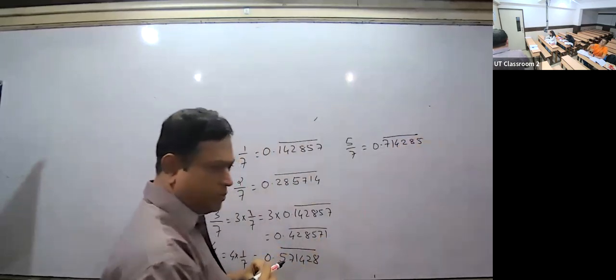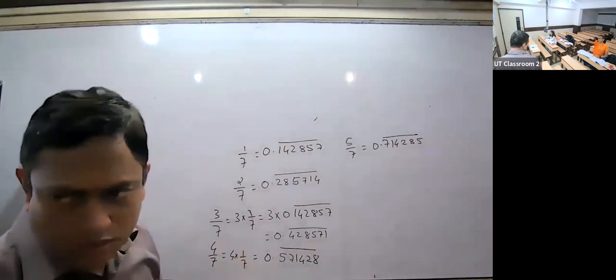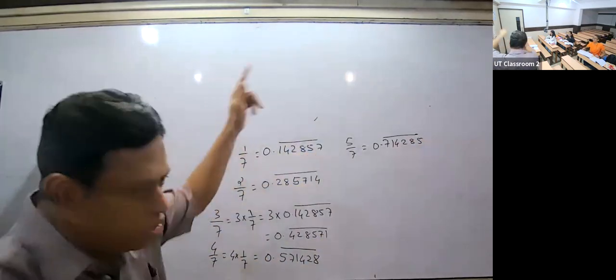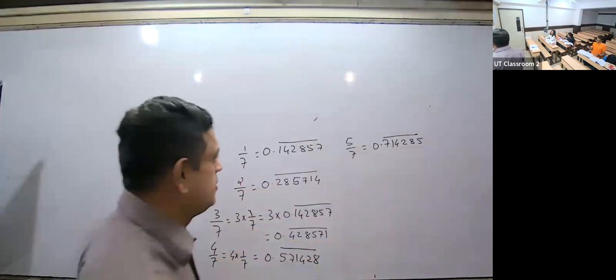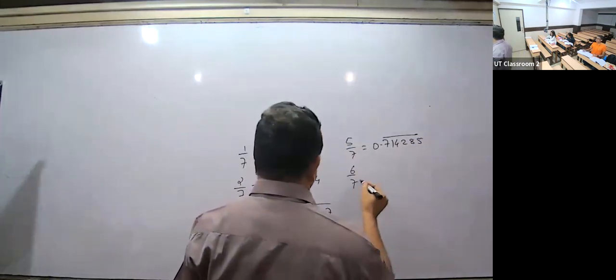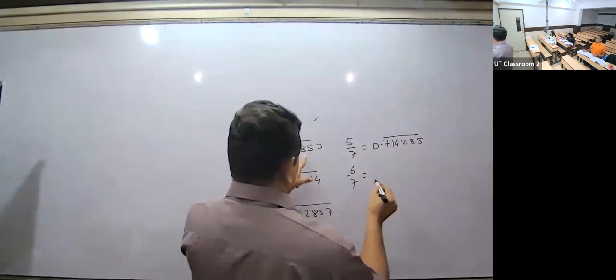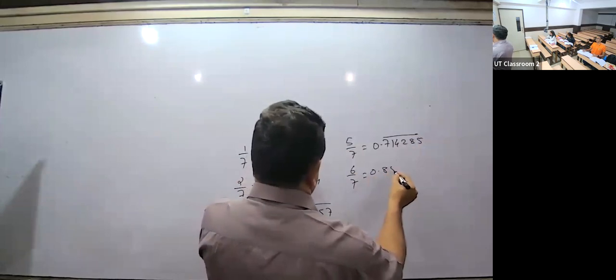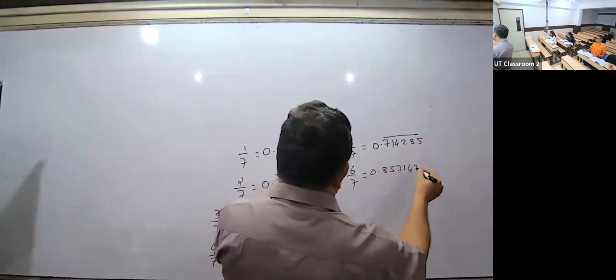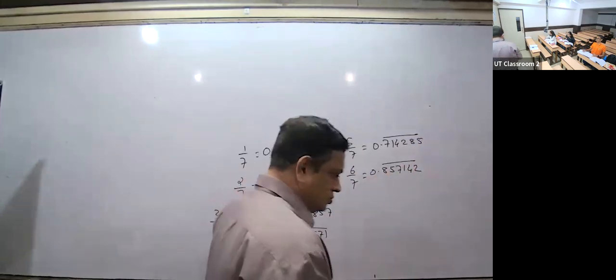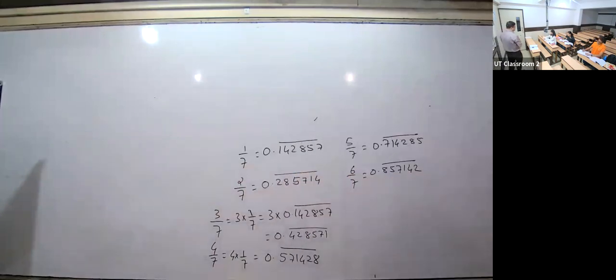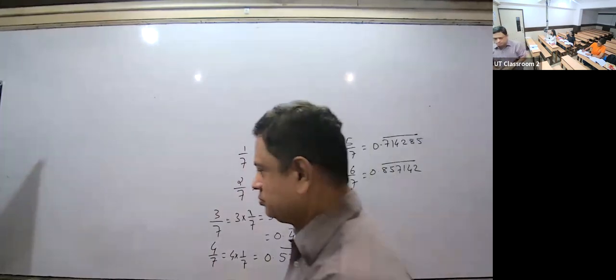Hope you are getting it? Yes, sir. We just take the digits and it is rotating. Rotation is going on. 6 by 7 is 8, 5, 7, 1, 4, 2. Hope you got it. Yes, sir.